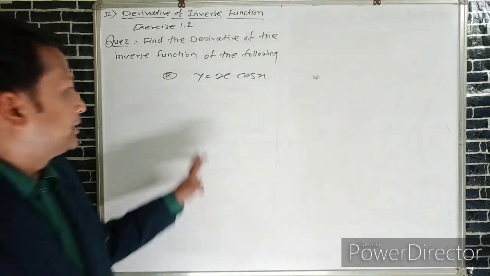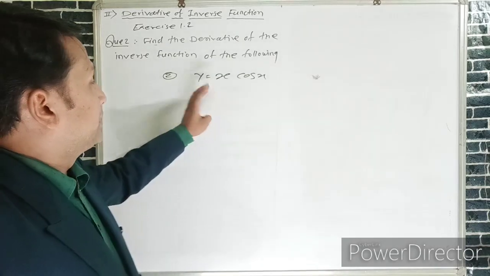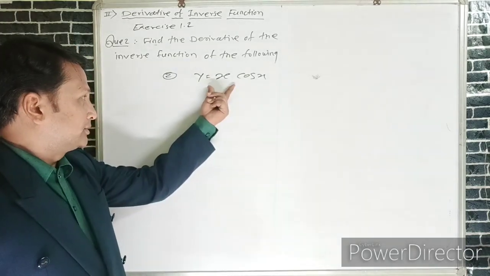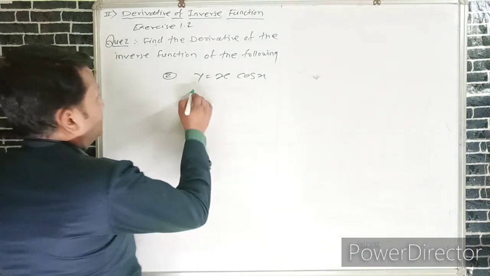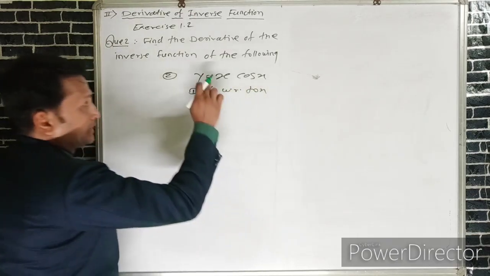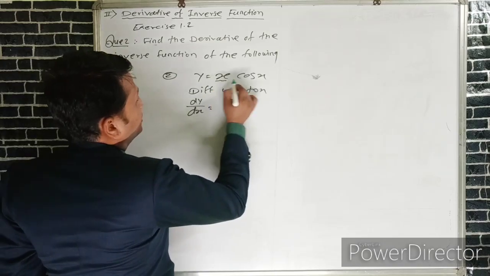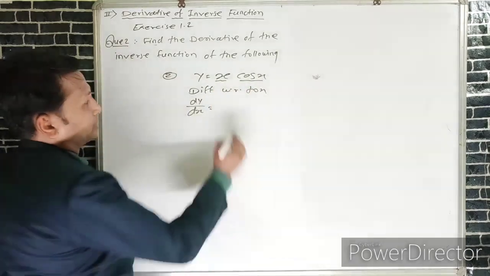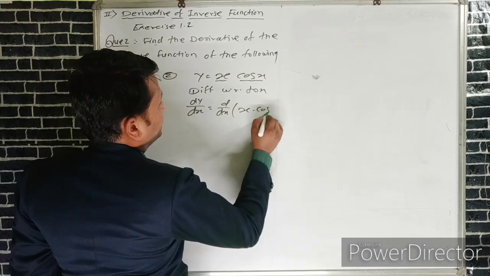Again, similarly, we can find dx upon dy by using this function. First we find the derivative of y with respect to x, dy by dx. If we differentiate the given function with respect to x, then we can write the derivative of y, dy upon dx. Here x into cos x are multiplied terms, so we write d upon dx of x into cos x.